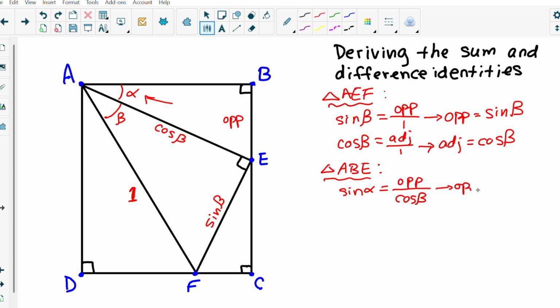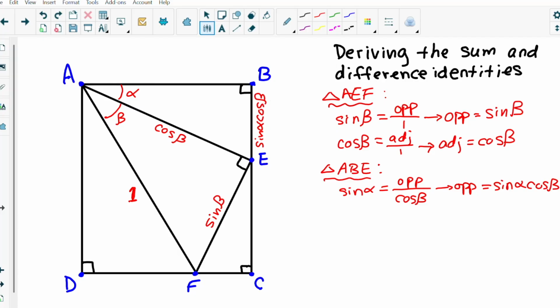So my opposite side equals sine of alpha cosine of beta. Okay, so let me update that: sine of alpha times cosine of beta.